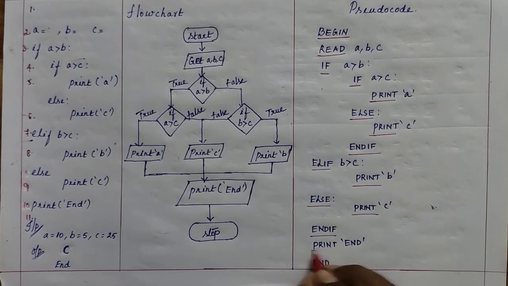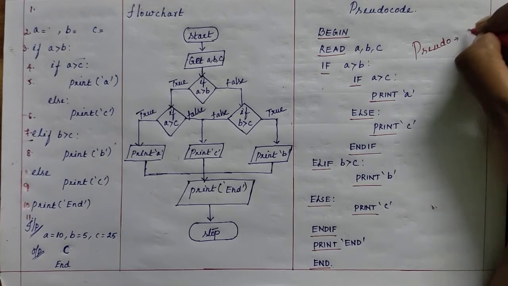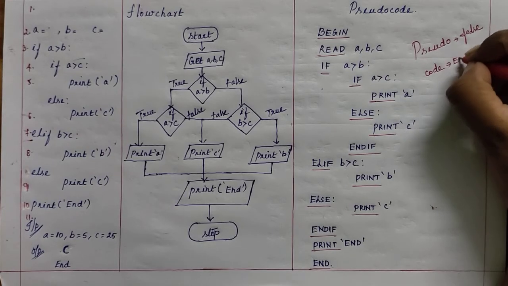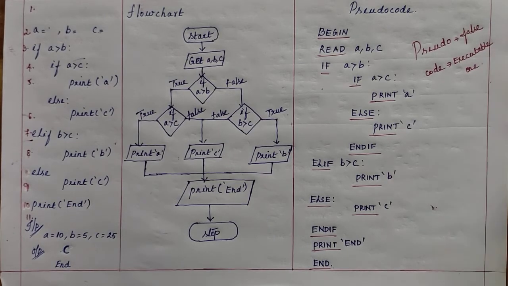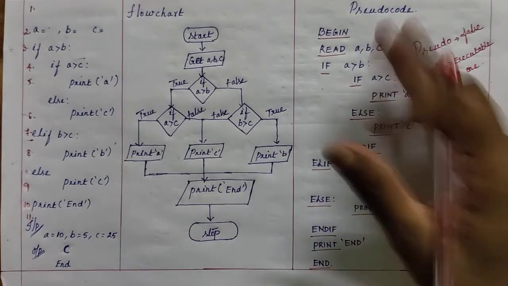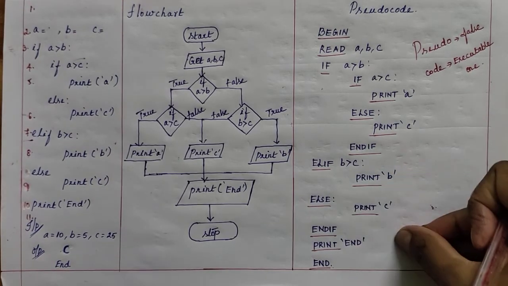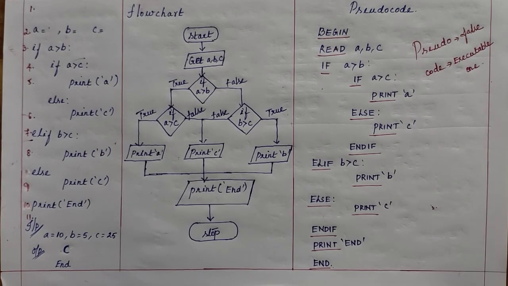Here pseudo means false, and code means executable. So pseudocode is false executable code: it follows the structure of programming languages, but we cannot compile it and we cannot get the output. So this is about the conversion of a logical representation into a flowchart and pseudocode. Thanks for watching.